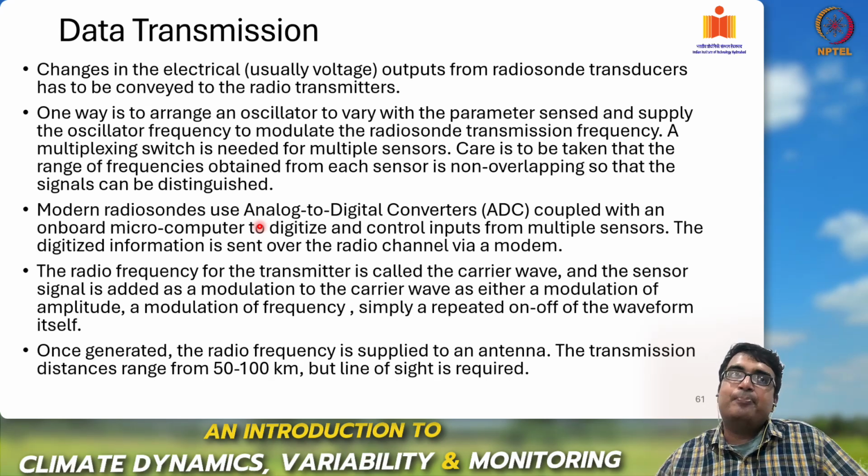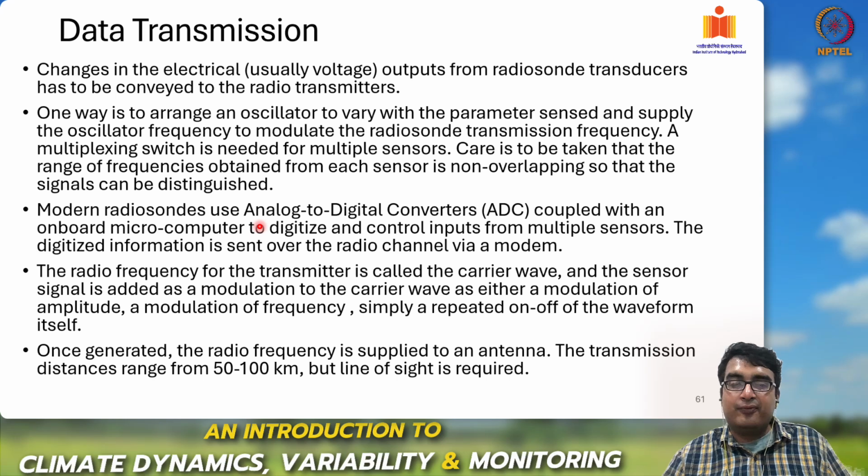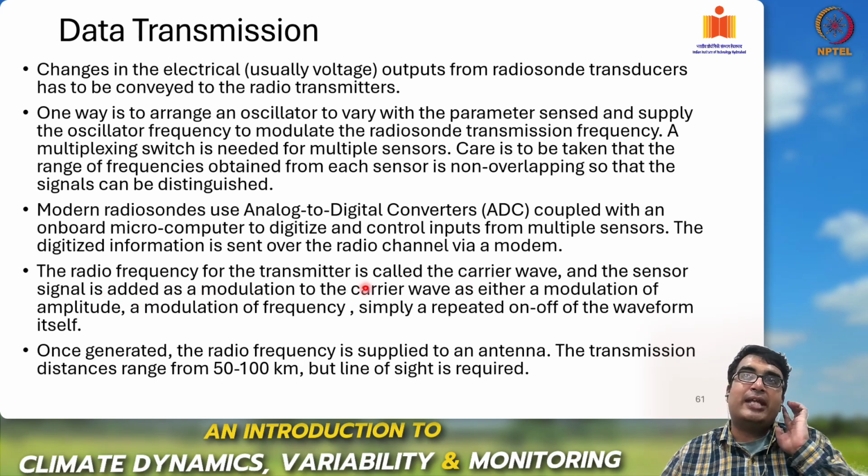There is a pre-programmed system by which that onboard computer directs which sensor to get the digitized data from. The radio frequency for the transmitter is called the carrier wave, the base wave, and the sensor signal is added as a modulation to the carrier wave.